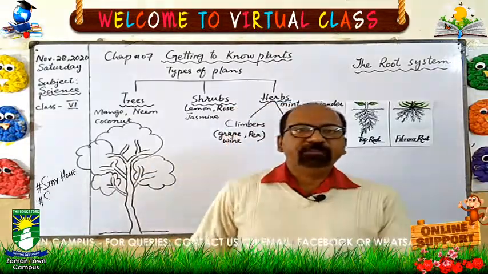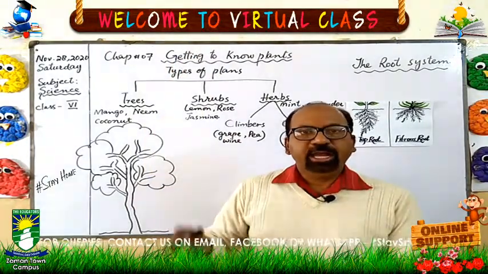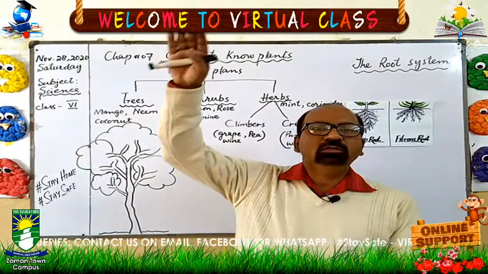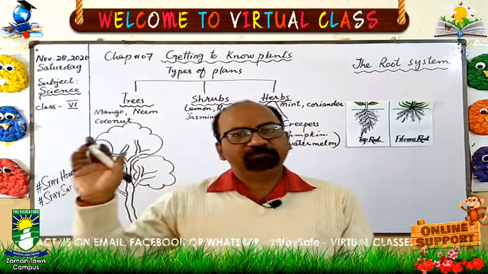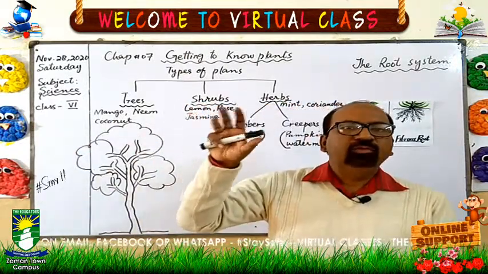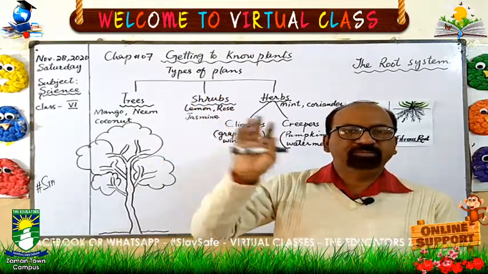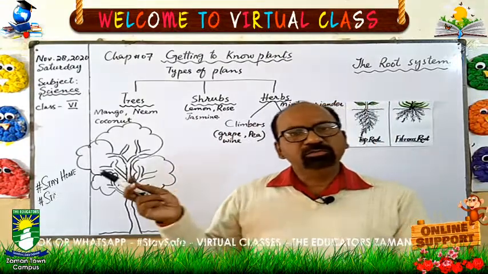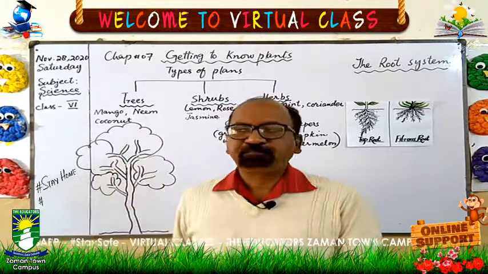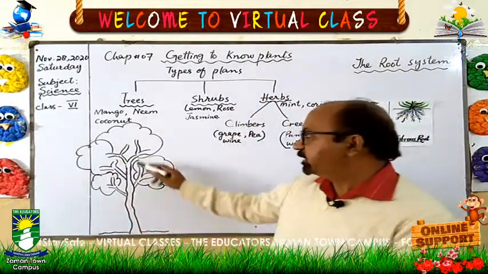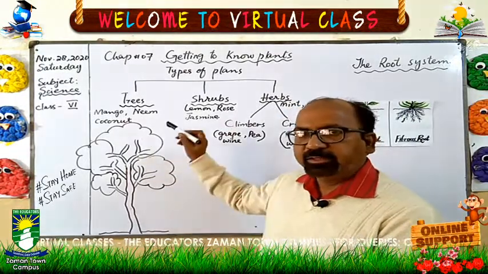They are very high. Their trunk is very strong and wide, they have a long stem or trunk, and there are a lot of branches on the trunk. On these branches, there are a lot of leaves, and also some plants bear flowers and fruits as well. But the difference is in the stem. They have a long and erect stem.